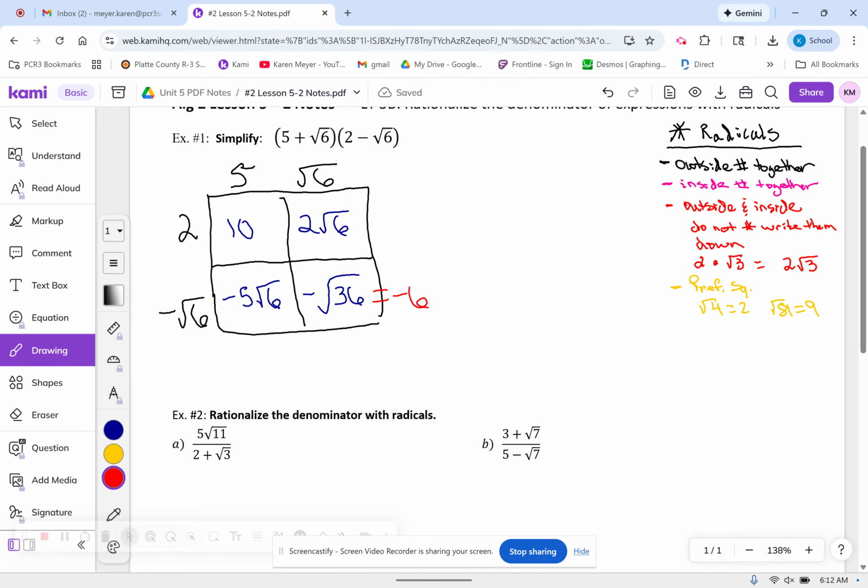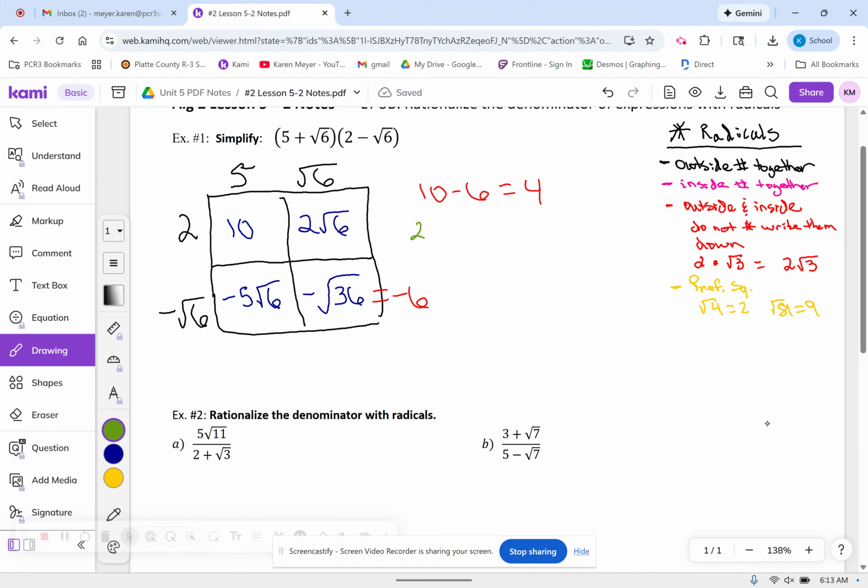So now I'm going to look for like terms. And like terms, I have plain numbers 10 and 6. So I'm going to take 10 minus 6, which will give me 4. And then remember in our last lesson, we talked about if you had roots, they both had to be the same index. So I have a square root, and they have to have the same number underneath, 6, 6. So these are indeed like terms.